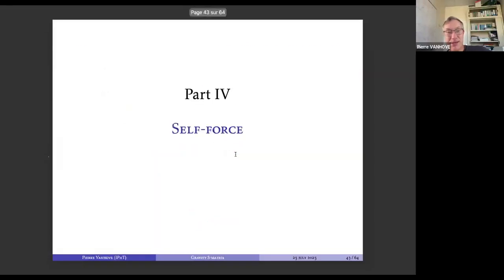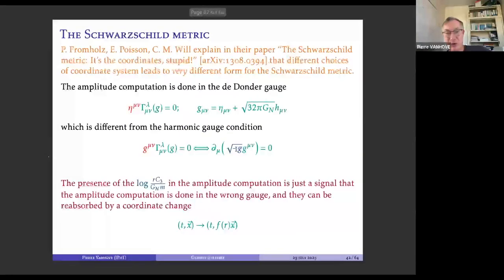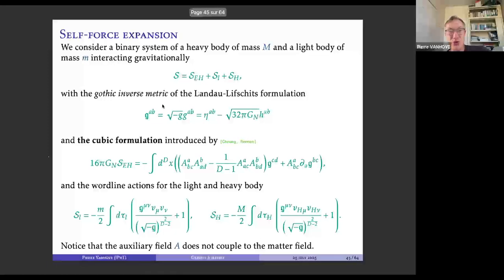In fact, there is the square root of G. You use what Landau-Lifshitz called the Gothic inverse metric, which is exactly this. And then you have the Einstein-Hilbert action, and what you do is you add the gauge fixing term that I didn't write.